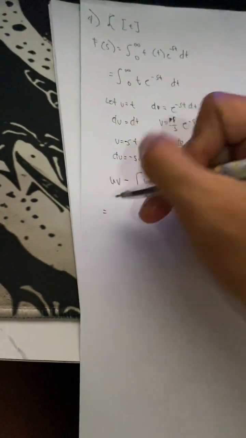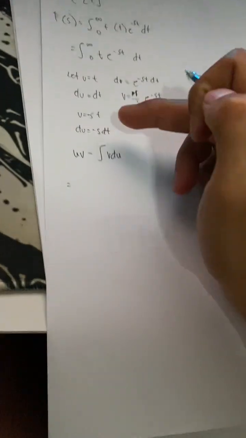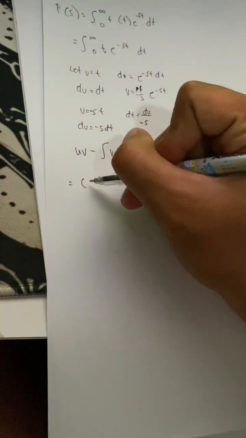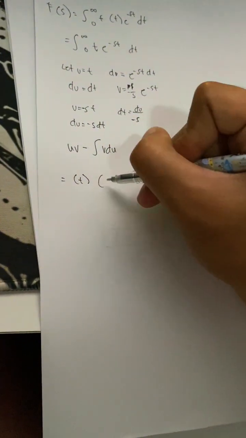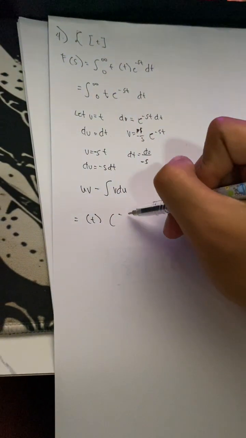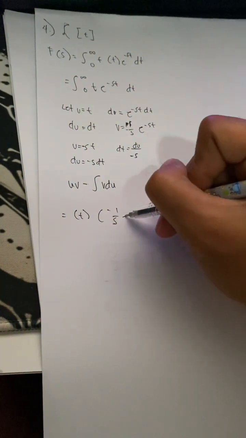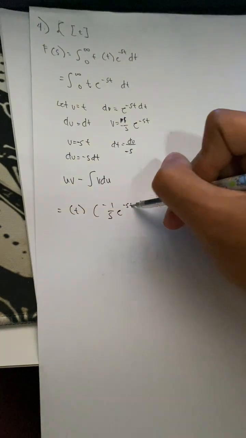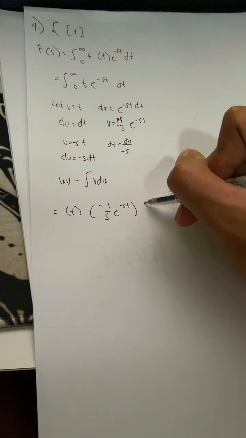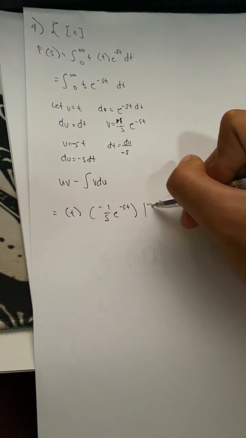So what happened, we have u, which is t, multiplied by v, which is negative 1 over s times e raised to negative st, evaluated from 0 to infinity.